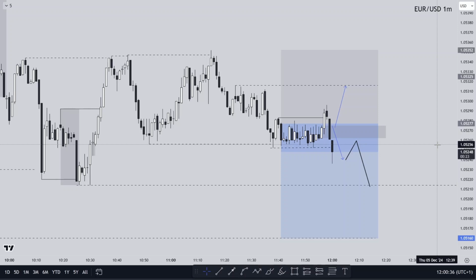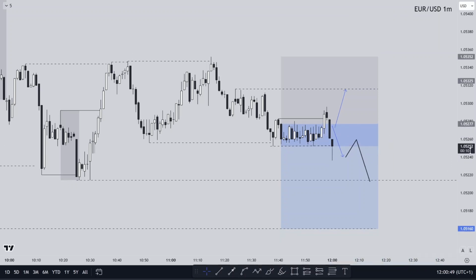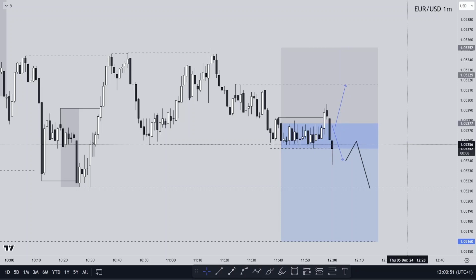Then I'll show you, of course, the MetaTrader stats. Let's see in 20 seconds what happens. So I can delete this one. As you can see, price is rejecting, but let's see, still 50-50.